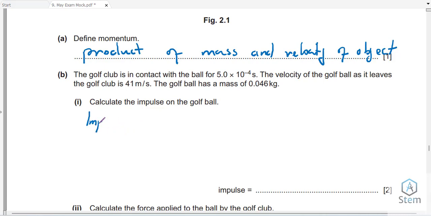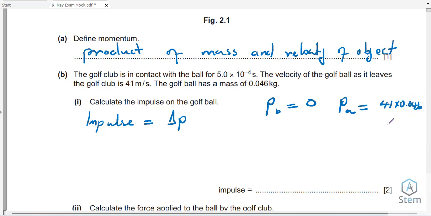Impulse, in this case, is going to be referred to as change in momentum. So momentum before we hit the golf ball, let's say P before is 0, P after equal to 41 times 0.046. This is the momentum after.